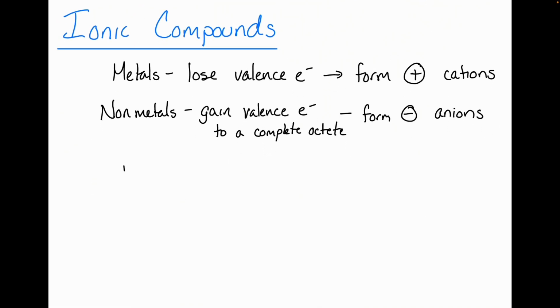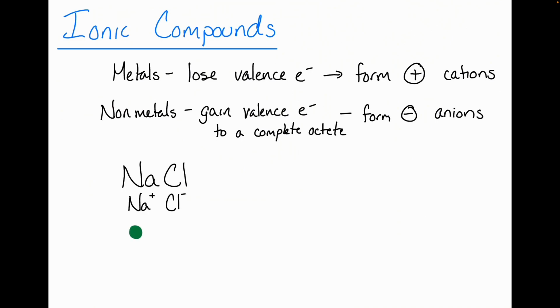Okay, so if we take an ionic compound like NaCl, that's a sodium ion and a chloride ion. Right, my metal has lost its valence electron, forming a positive charge. My non-metal has gained an electron, forming that negative charge.